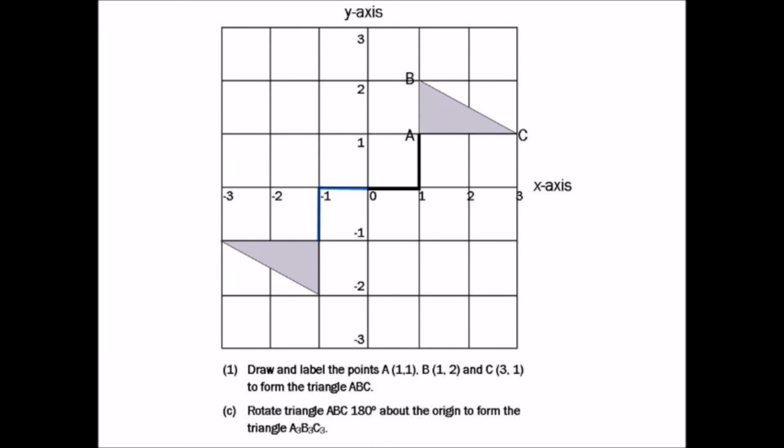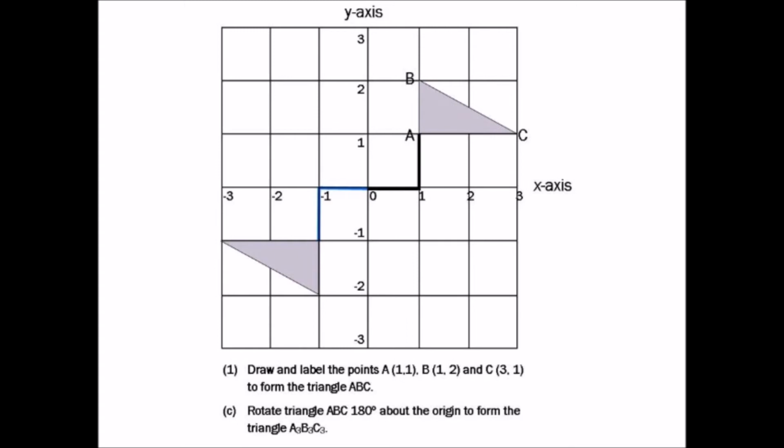Go to the center of rotation, 0, and you go across 1, up 1 to get to A, and then you have to move that line 180, so it goes across 1 and down 1, and that's where you draw A. Then B would end up going down 2, and for C, you go across 1, 2, 3, up 1, then 1, 2, 3, down 1, and you would have C. So that's the image you would get when you rotated 180 degrees about the origin.